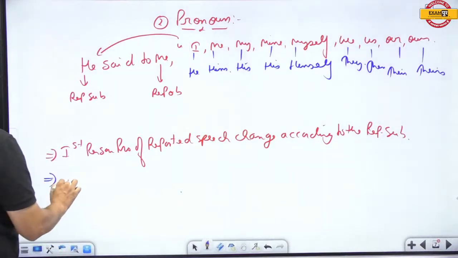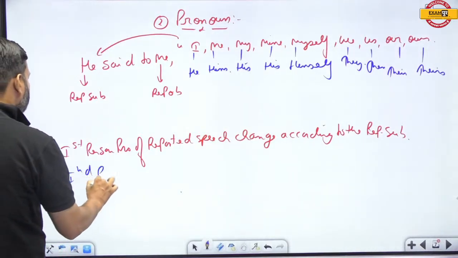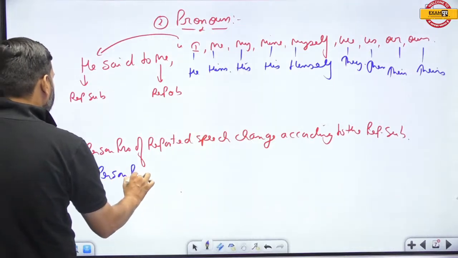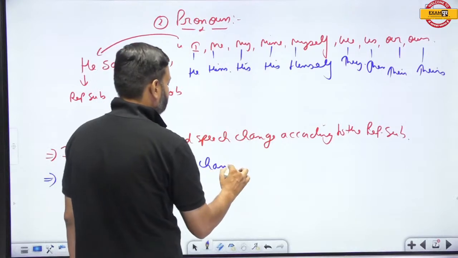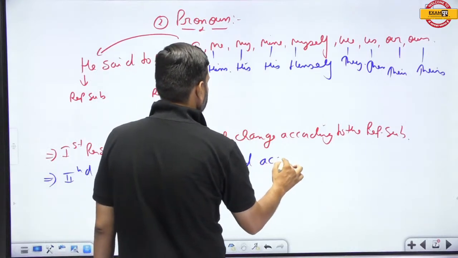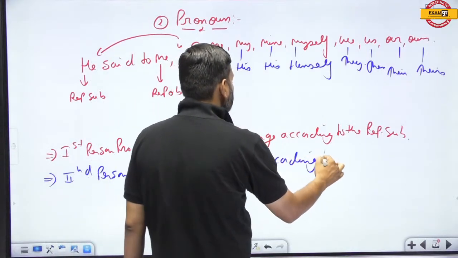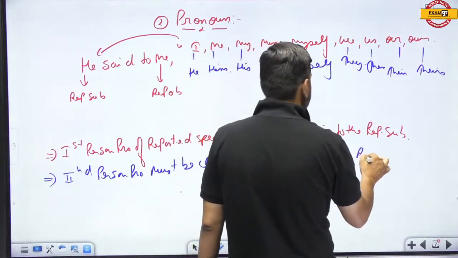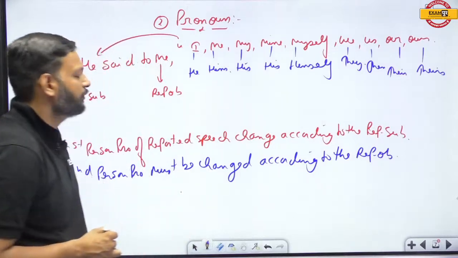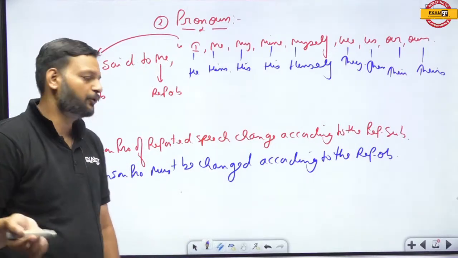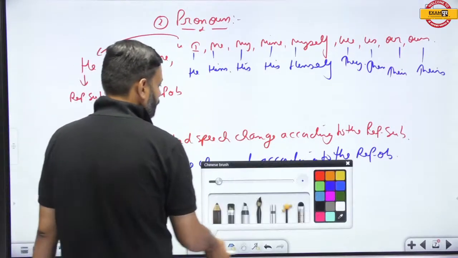Second thing, second person pronouns must be changed according to the reporting object. So second person pronouns must be changed according to the reporting object. Now what are second person pronouns?